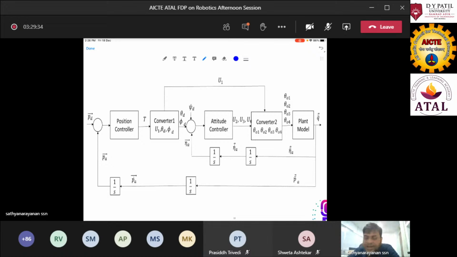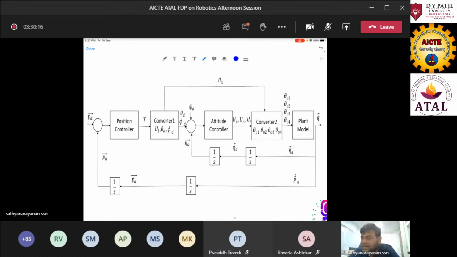And as I've said, only recently people have started using optimization techniques to vary the speed of the variable pitch also. Here the speed remains constant. I have assumed the speed is constant, and I try to find out what the pitch rate should be. But in some recent works, people have started to find an optimal control allocation map, where you change the speed of the motor as well as the pitch angle.